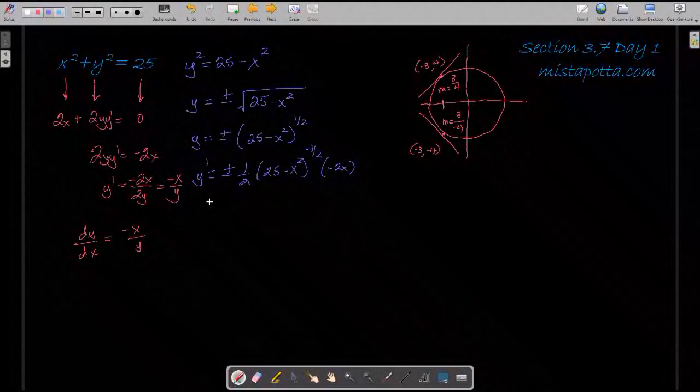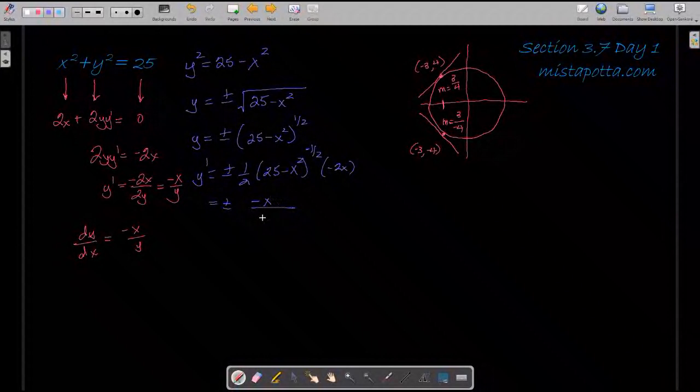And so I end up with plus or minus negative x over 2 times the square root of 25 minus x squared.